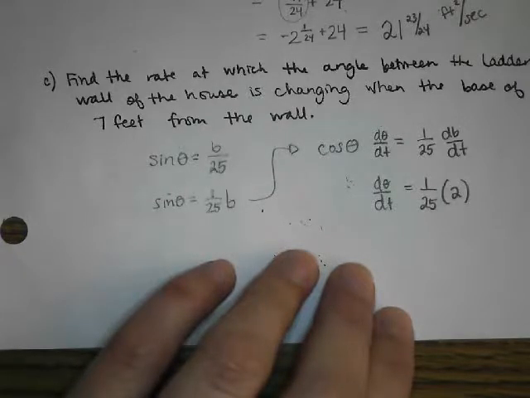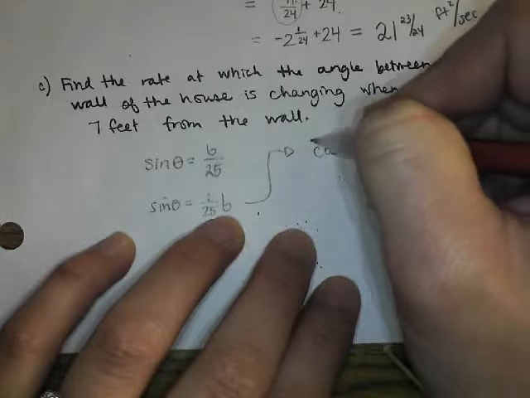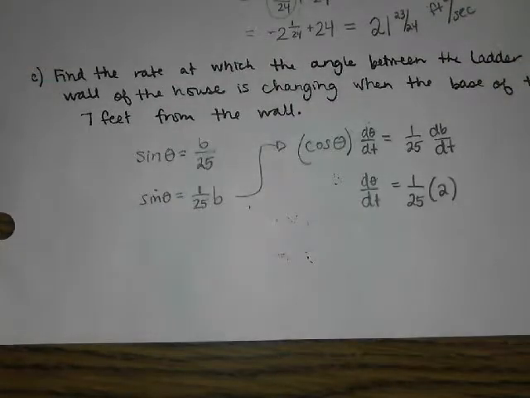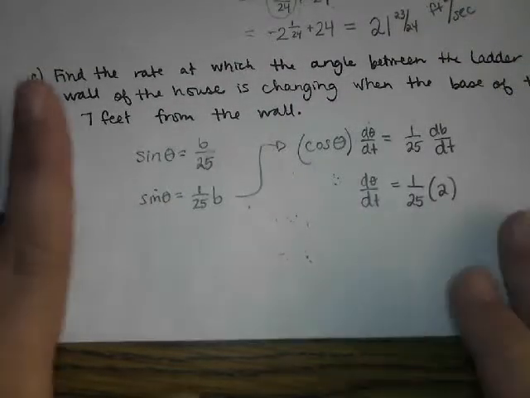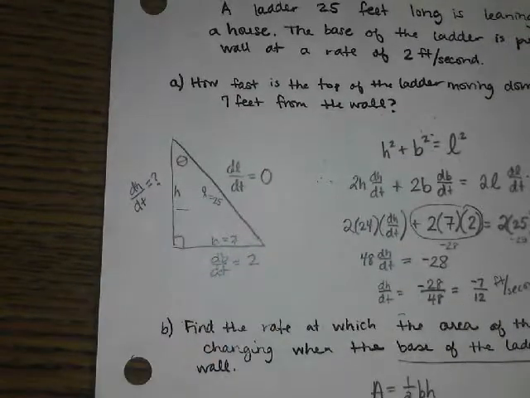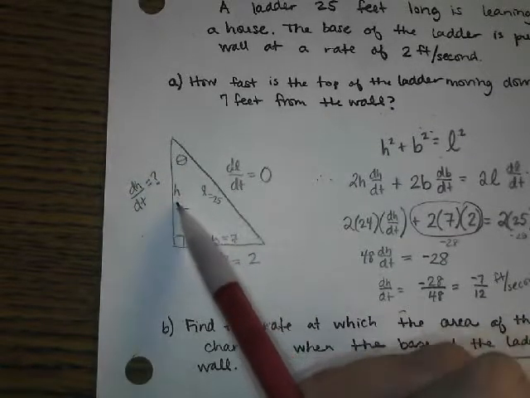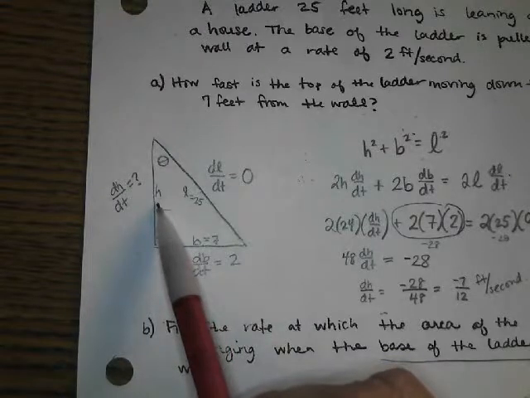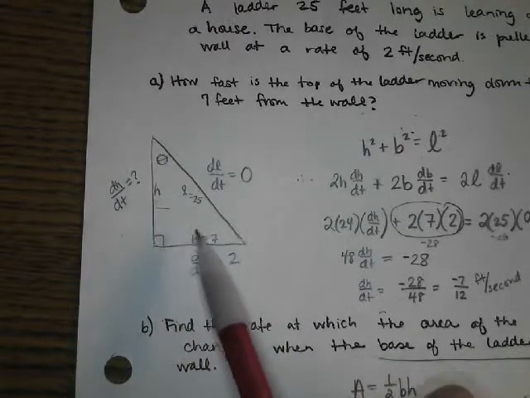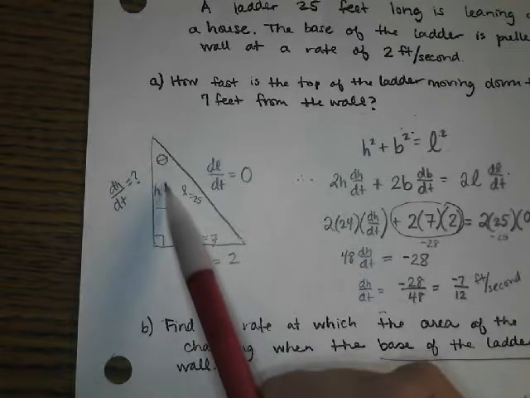And I'll be honest with you, we're not going to find the angle measure. I don't want to find the angle measure so much as I want to find what cosine of the angle equals. And that I do know. Look back at your picture. What is the cosine of theta? It's the adjacent, which we know is what right now? What's the value of h when this is 7? 24. So adjacent of 24 over hypotenuse of 25.